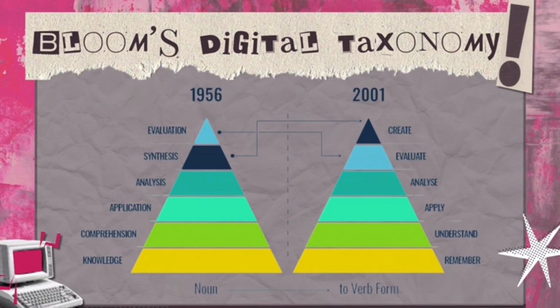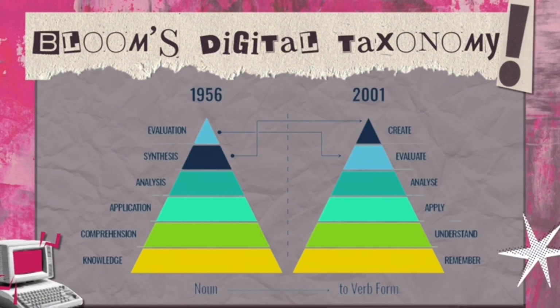And now, Bloom's taxonomy was updated by a group led by David Krathwohl, one of the original authors, and Lorin Anderson, a former student of Bloom's. To make the model relevant to 21st century learning, one of their main changes was updating the nouns associated with each level to action-oriented verbs.